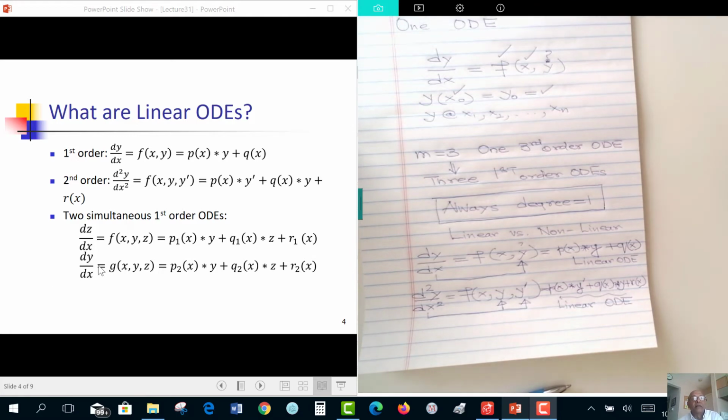Similarly, we could have another differential equation, which of course is going to be a different function. If it was linear, then we'll have coefficients which are functions of x multiplying y, z, and a remainder. So this is how you can recognize what order and what degree an ordinary differential equation is, and how many dependent variables there are.